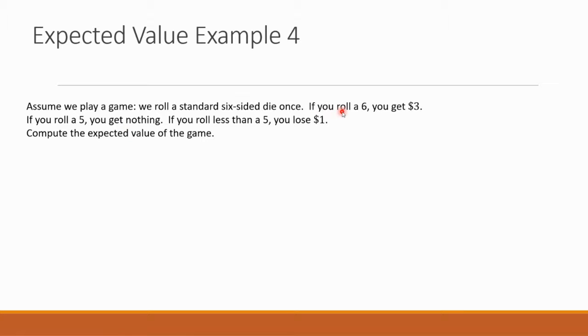If you roll a 6, you get $3. If you roll a 5, you don't get anything. And if you happen to roll something less than a 5, a 1, a 2, a 3, or a 4, you lose $1.